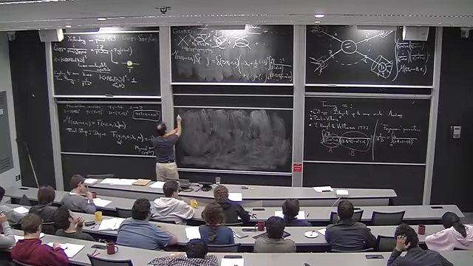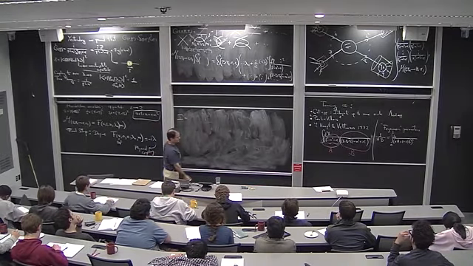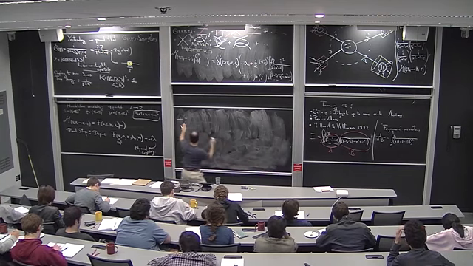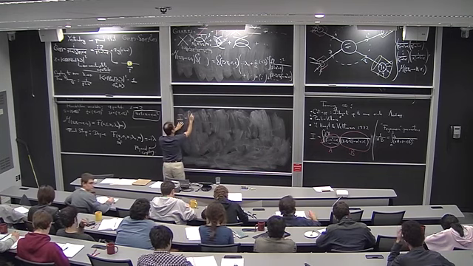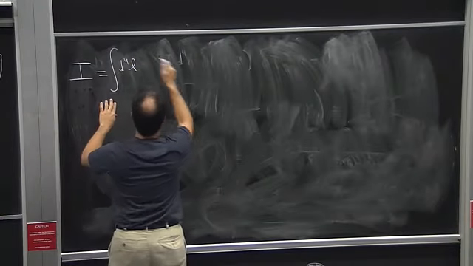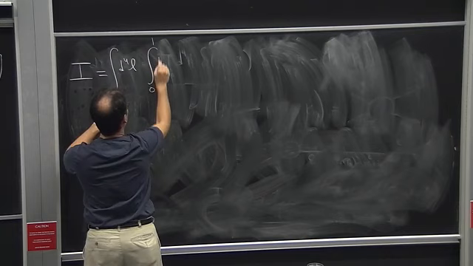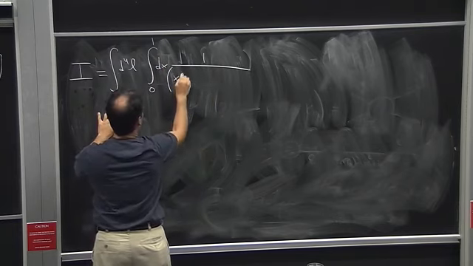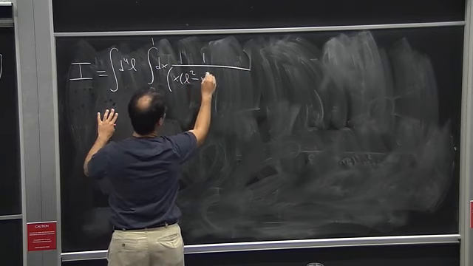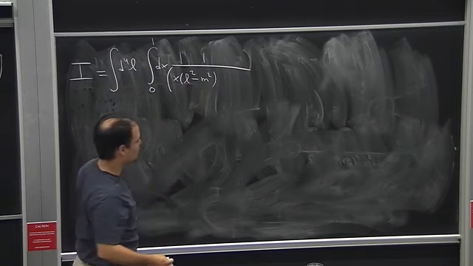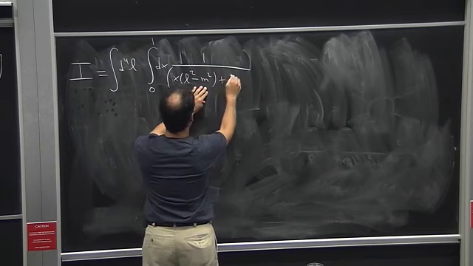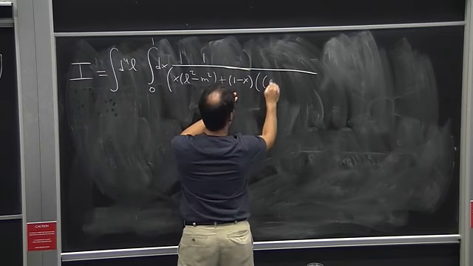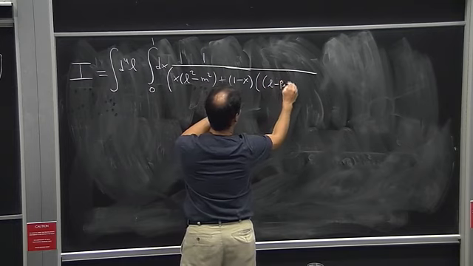We find that our integral, let's call it I, is equal to the integral d^4 L, and then we have the integral from 0 to 1 dx of 1 over (x L squared minus m squared)... Let's forget about the i epsilon. It's not going to do anything special. L minus PA minus PB.